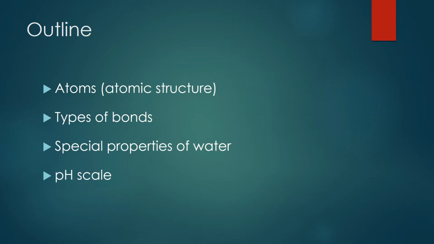These introductory chemistry concepts include the structure of atoms, how atoms interact to make bonds, some special properties of water that allow life to exist on Earth, and how to apply the pH scale to gauge how acidic or basic an aqueous solution is. And an aqueous solution is when water has something dissolved in it.